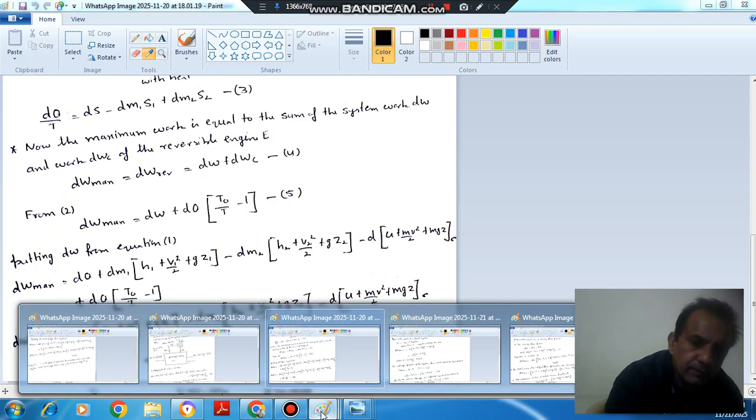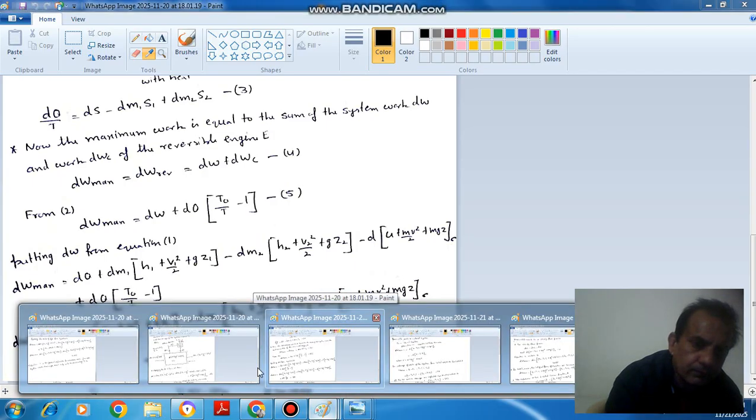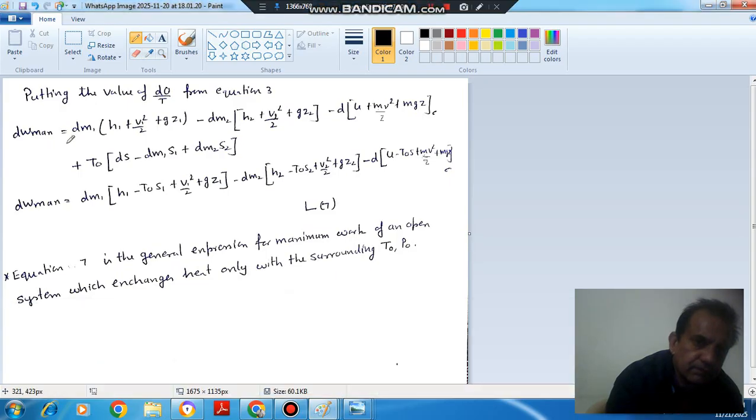So this will make equation number 7. If we put the value of dQ by T, then this will make this, and if we modify this equation, we will take dm1 s1 here, T naught s1 here, and T naught s2 here.